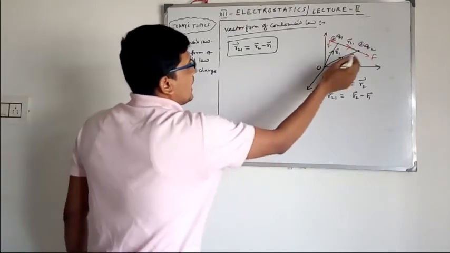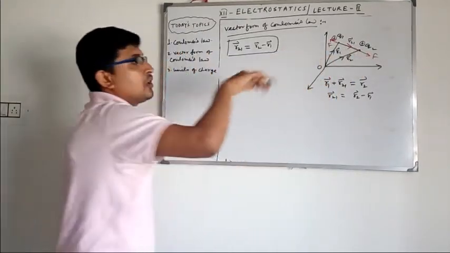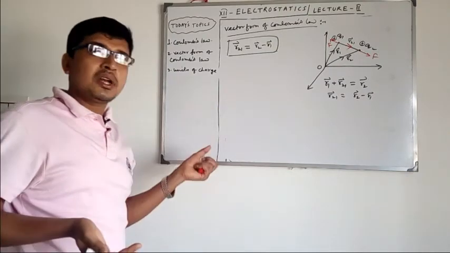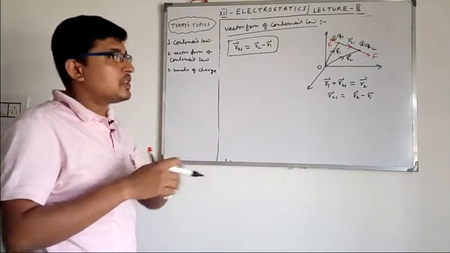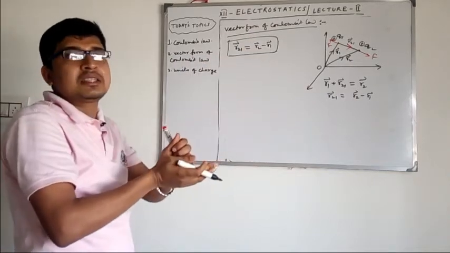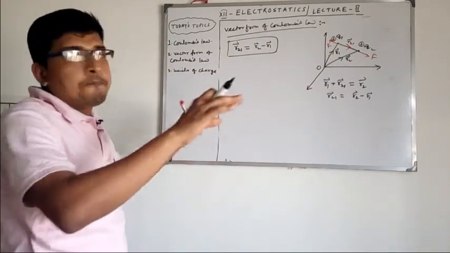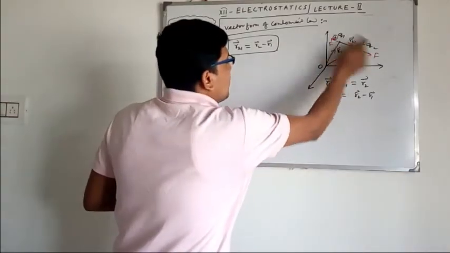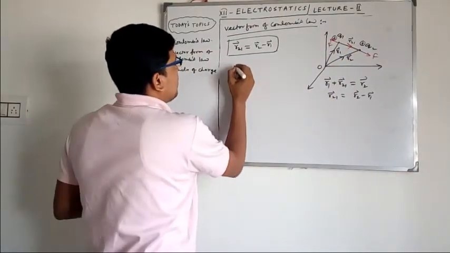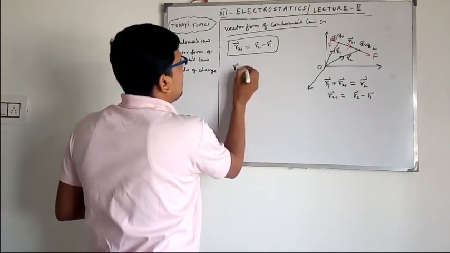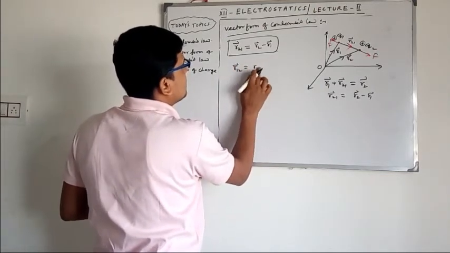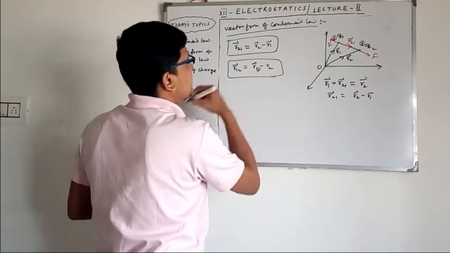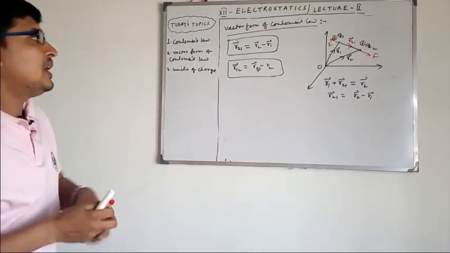Now, if charge particle Q1 gives a force on Q2, then Q2 will also give a same and opposite force on Q1, because there is no other external force present in this area. So the position of Q1 with respect to Q2 will be R12 is equals to R1 minus R2. The same triangular law of vector addition we have applied.